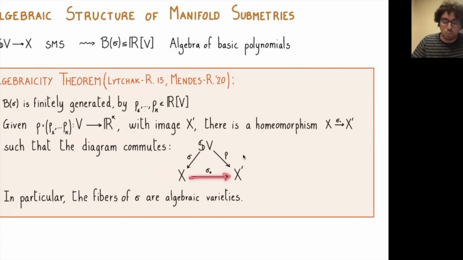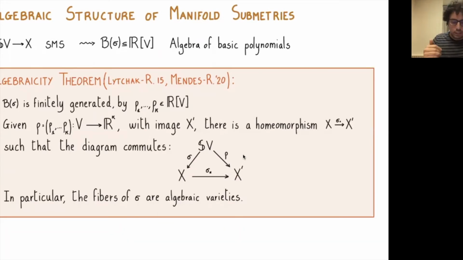And at the bottom, we have a homomorphism that makes the whole diagram commute. In particular, the fibers of the algebraic map are the same as the fibers of the spherical manifold submetry, which means that the fibers of sigma, our original fibers, are actually algebraic varieties, given by the level sets of these polynomials.